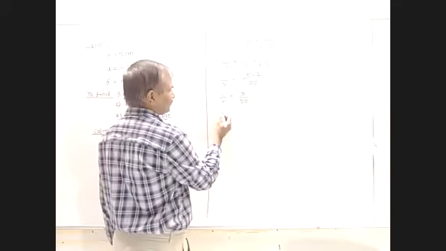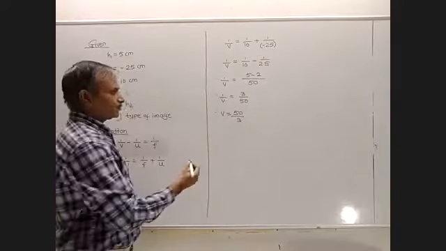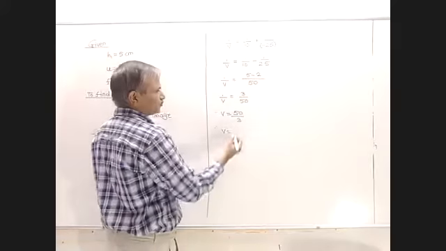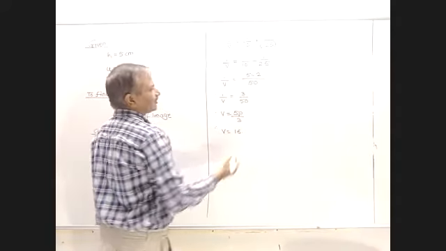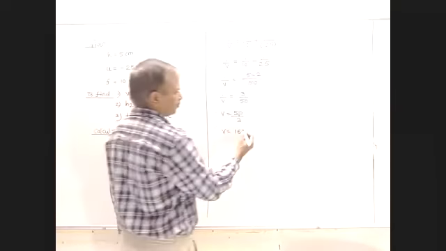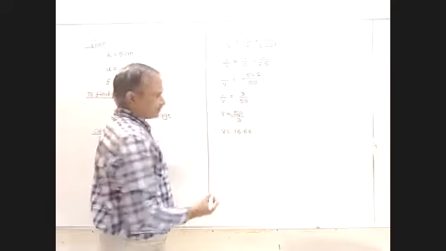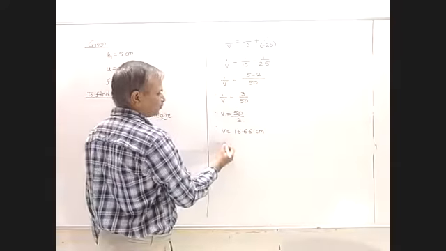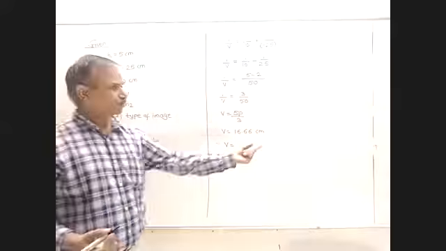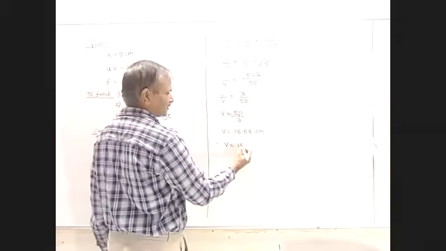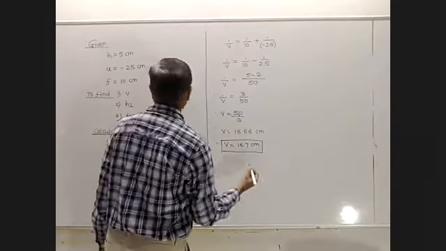So from that v is equal to 50 upon 3, that is 16.66 centimeter. If you want to write up to one decimal only, last digit is 6, which is more than 5, so add 1 to the previous digit, so it is 16.7 centimeter. So you get v to be 16.7 centimeter.